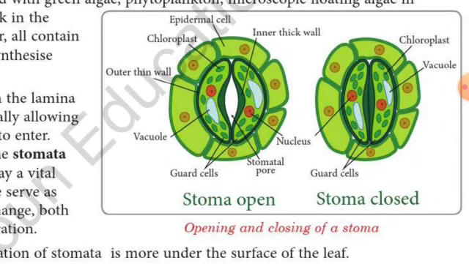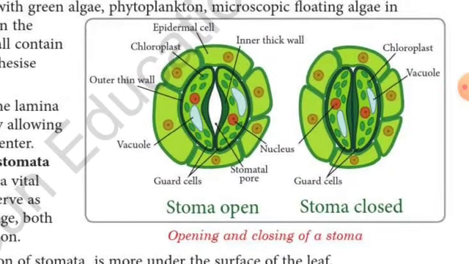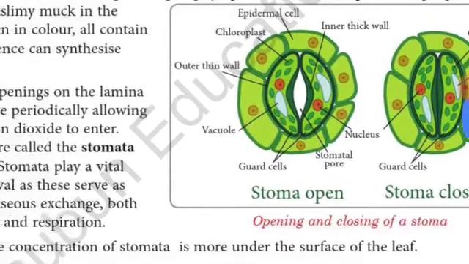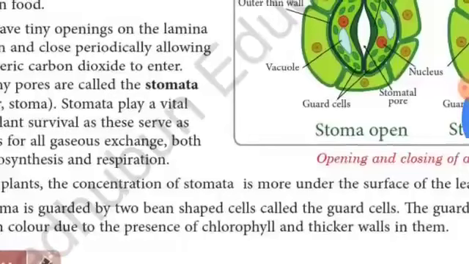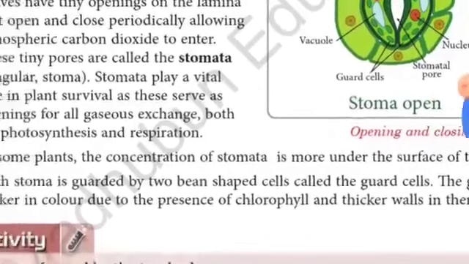Carbon dioxide goes in, and after photosynthesis oxygen also gets out. But at night the guard cells close. So due to the opening and closing, photosynthesis can take place. Opening always takes place in the daytime.